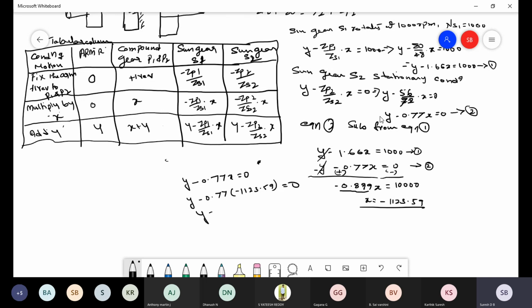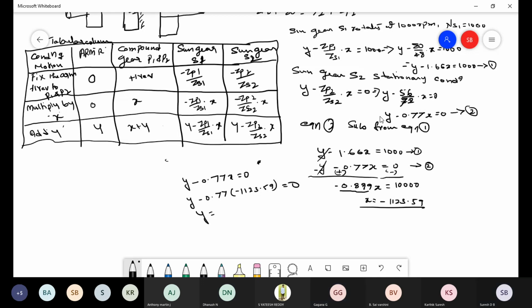Then what is the value of y? Minus into minus is plus, so y plus, shifted to the right-hand side.